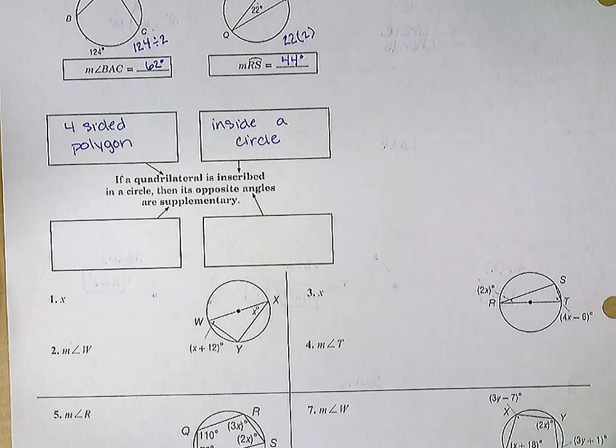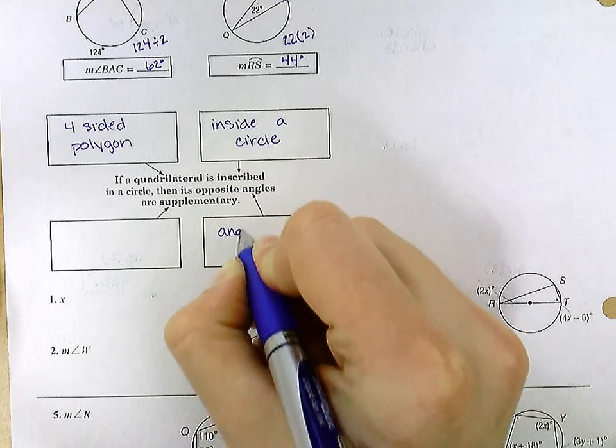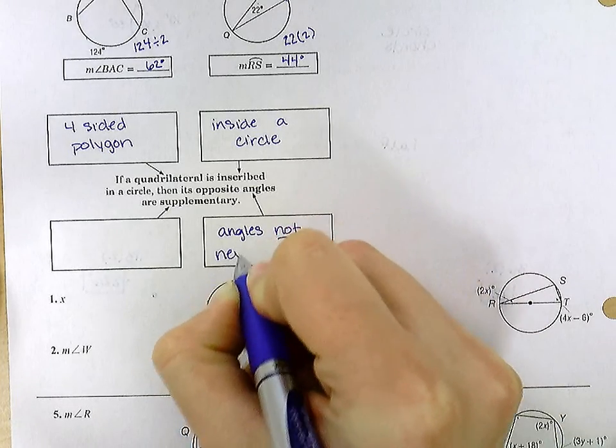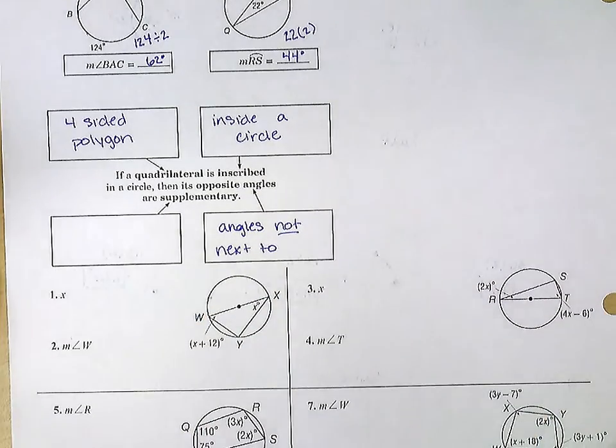We're talking about its opposite angles. So those are angles not next to. Okay, so those are angles across from each other. Angles that are not next to each other within that 4-sided polygon. And then those opposite angles are supplementary. What does supplementary mean?